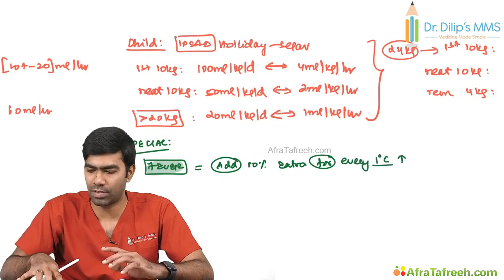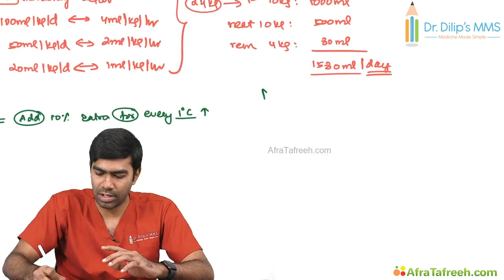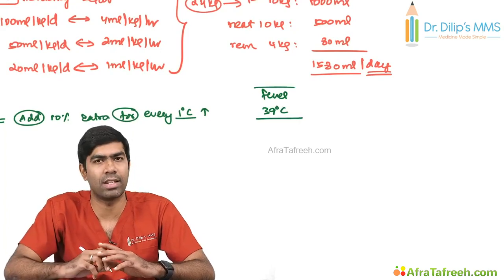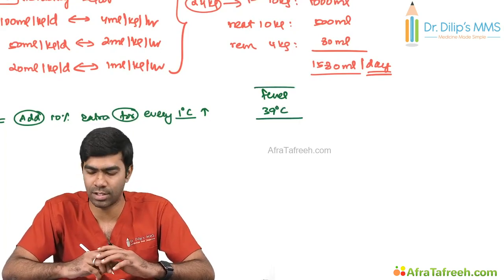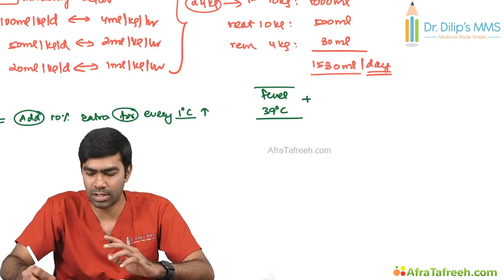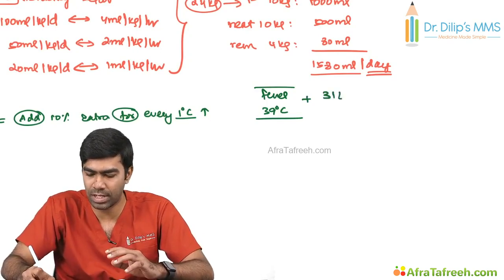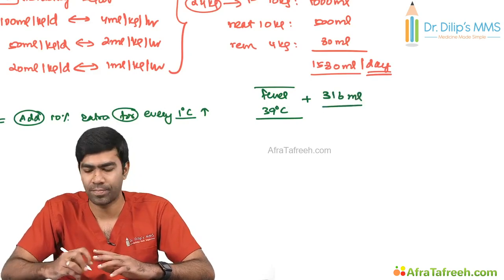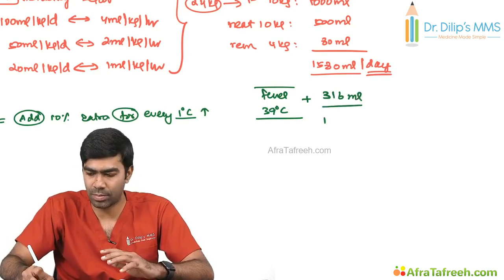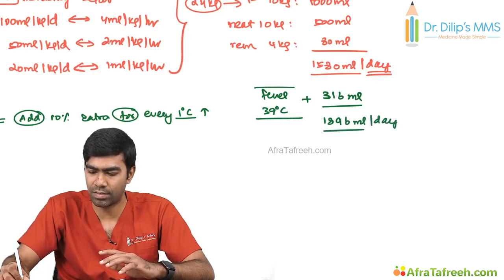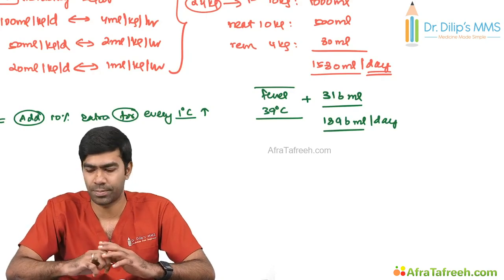For example, if the child is having a fever of 39 degrees Celsius, which is 2 degrees Celsius higher than the normal body temperature of 37 degrees Celsius, I should be adding 20%, that is 20% of 1580 is 316 ml I'll be adding. So the final calculation will be 1896 ml per day, if the child is having a fever of 39 degrees Celsius.